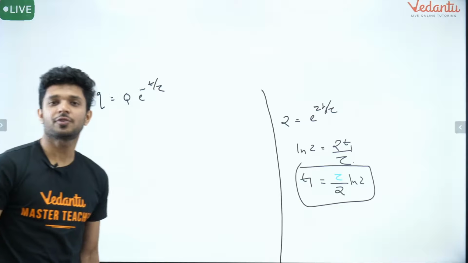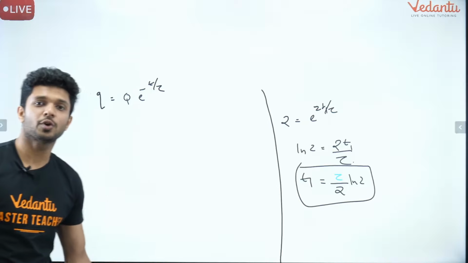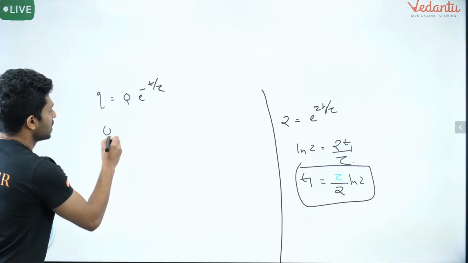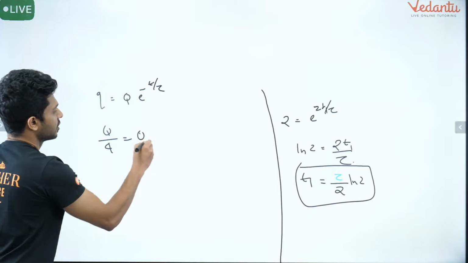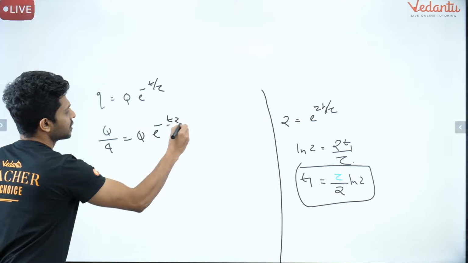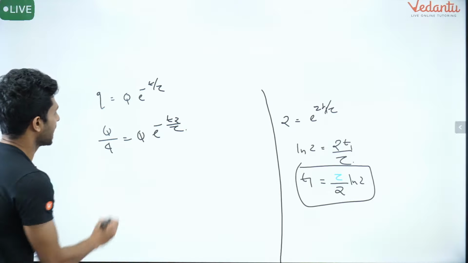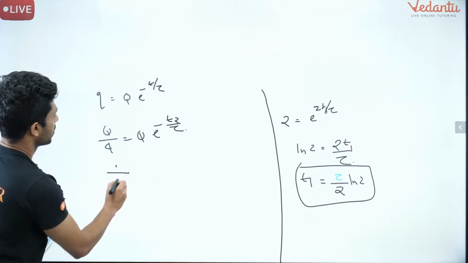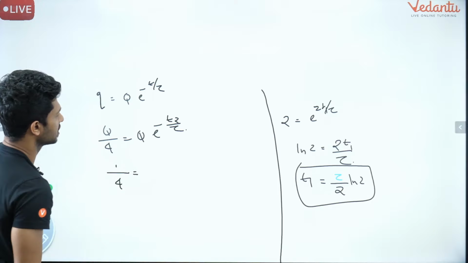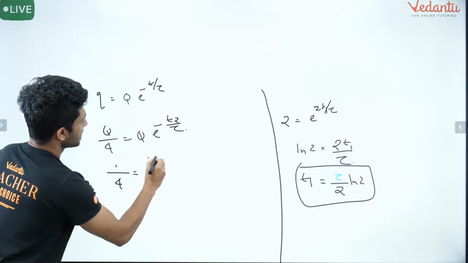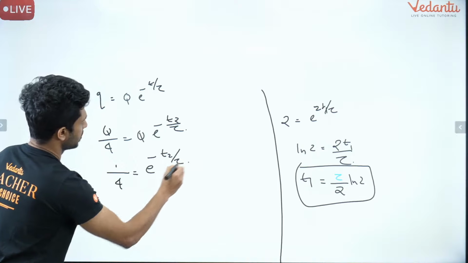So after a time of t2, Q is becoming 1/4 of the initial value. Yes or no? Yes, Q cancel. So you will have 1 by 4 is equal to e raised to minus t2 by 2.